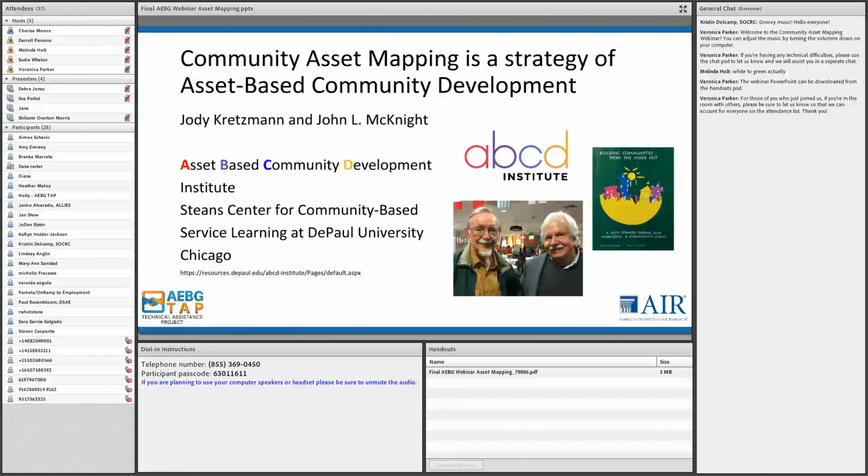In the stories that they heard, Kretzmann and McKnight recognized common themes that they organized into a specific approach called asset-based community development, or ABCD. They published the guidebook that you see here on the right, Building Communities from the Inside Out. Community asset mapping is one of the strategies mentioned in the book.